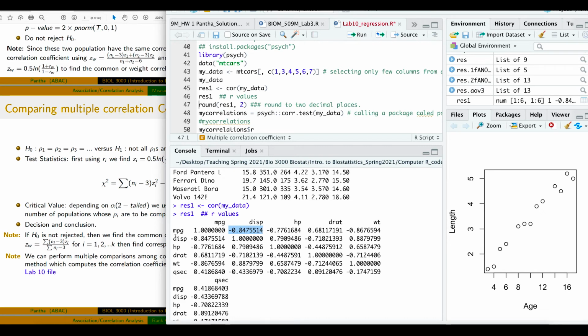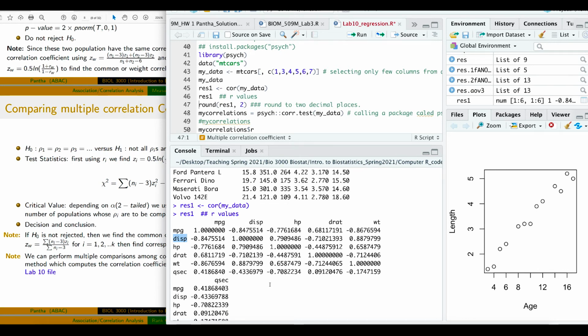That means for bigger values of MPG, displacement will be smaller. Similarly for MPG and HP, MPG and DRAT, and MPG and weight. The displacement and MPG value is the same, because it is the coefficient of association between displacement and MPG. Either way, it doesn't matter which one you take first, you get the same correlation coefficient.